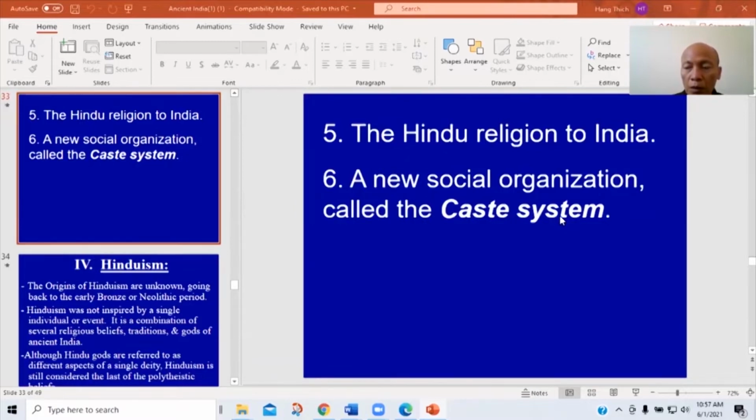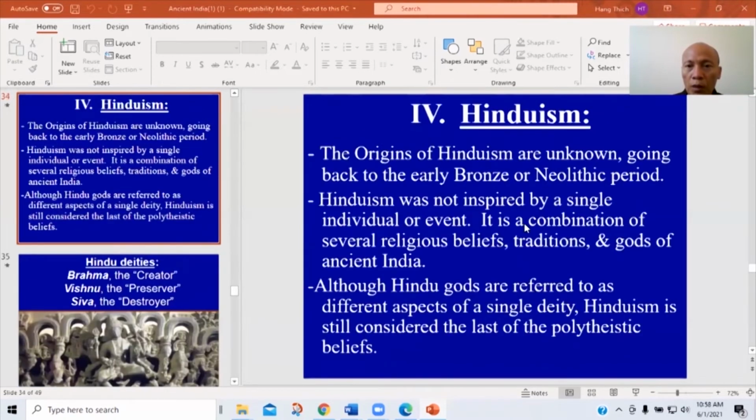The third is the merchant class of business people, working people. And the last one is the slave class that serves the other three classes, and later on they have what they call the untouchable class too. We will study that later on.